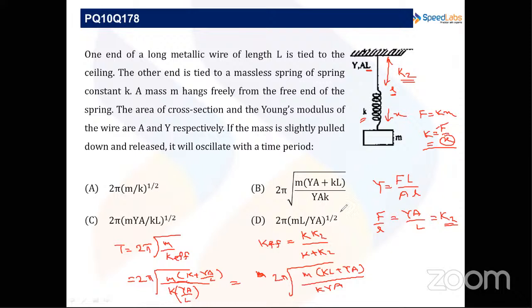Is that an option? (KL plus YA) upon KYA, option B looks correct. Is there any issue? Is it clear? Answer is B.